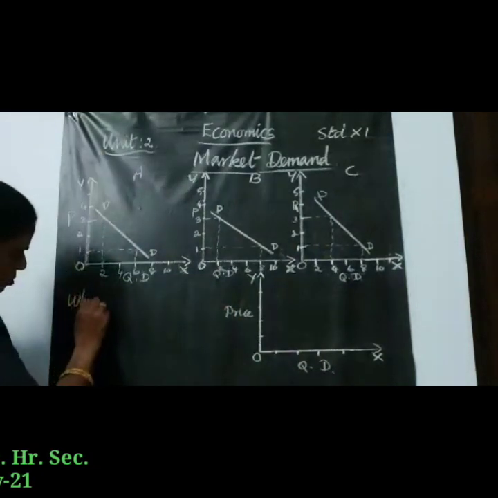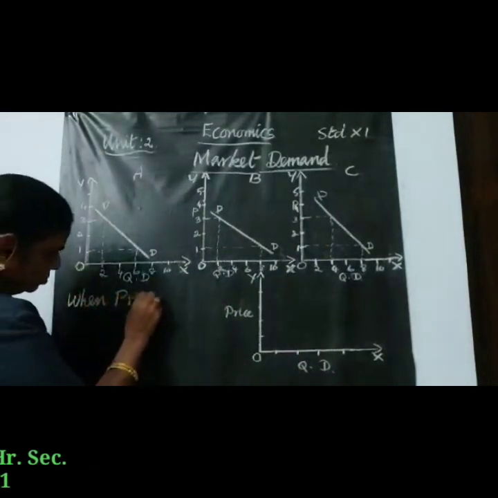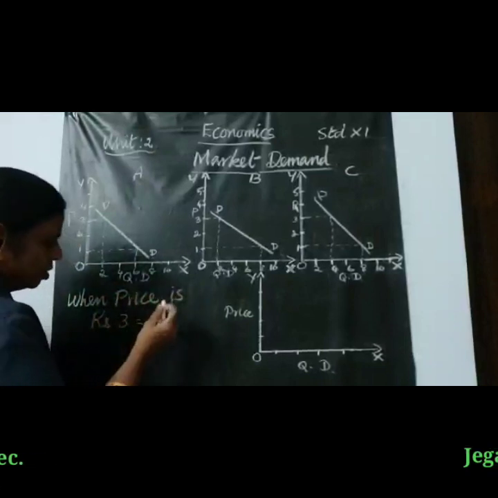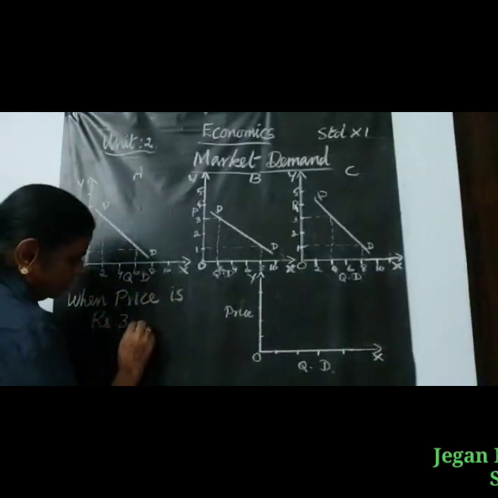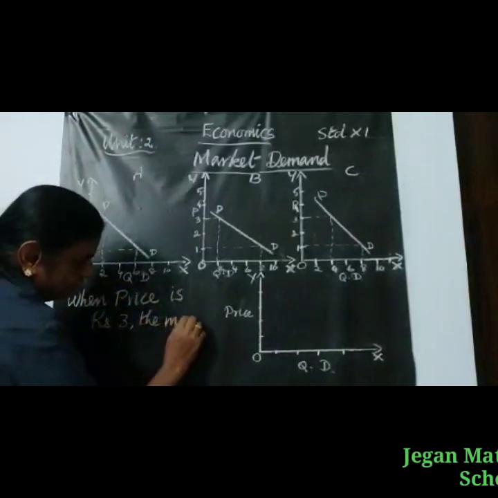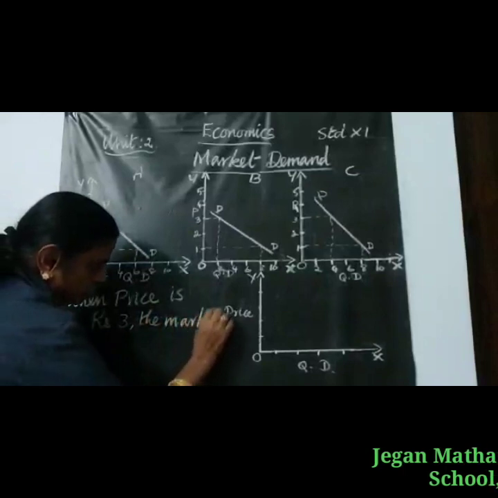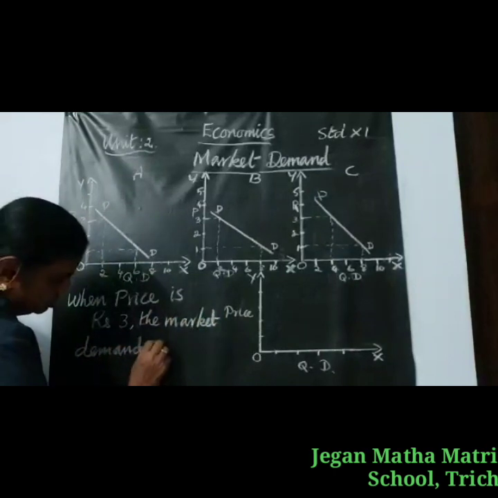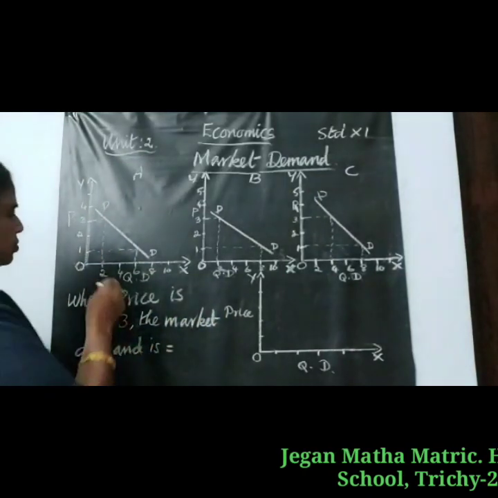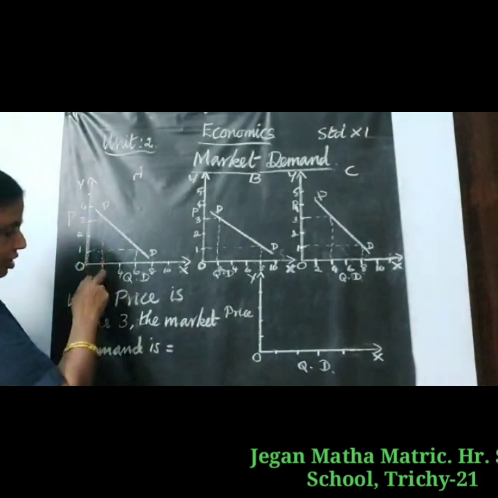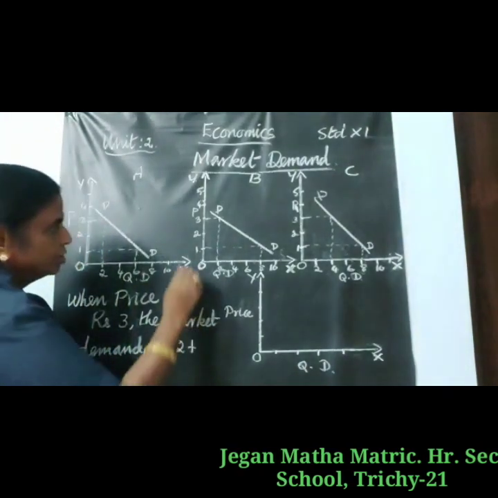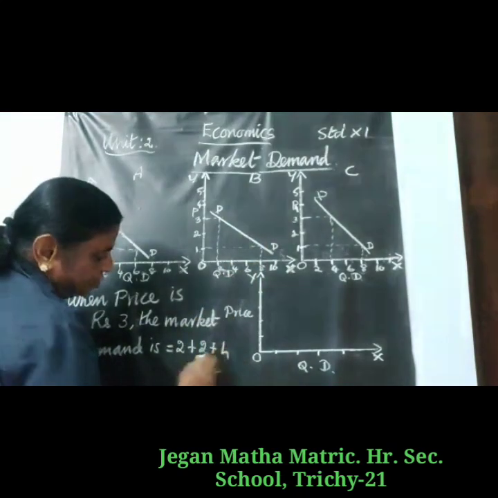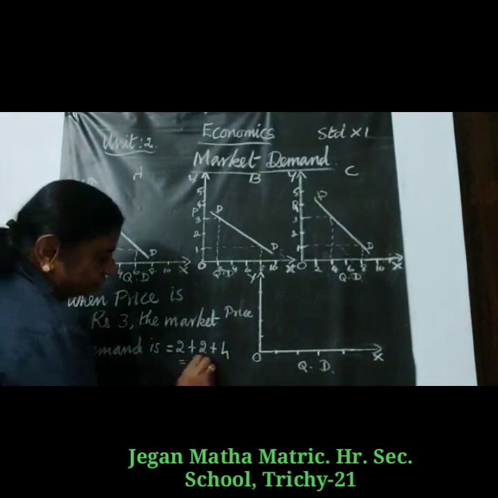So when the price is rupees 3, the market demand is equal to A 2 plus B 2 plus C 4, so equal to 8.